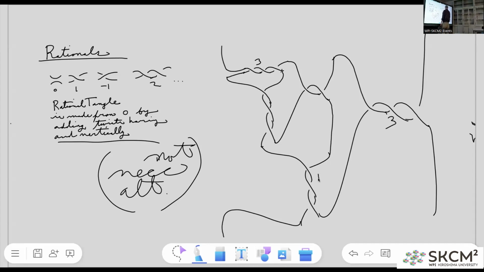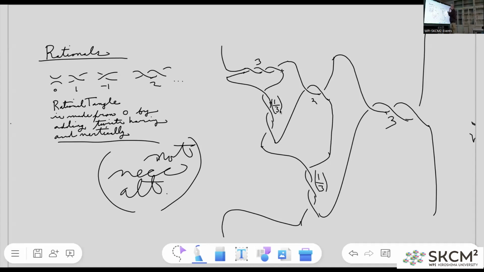So this is 1/3 over here, and this one is a 2, and this one is a 1/3. But really, the numbers are 3, 3, 2, 3, 3, if I'm just thinking about how much twist was going on, right?